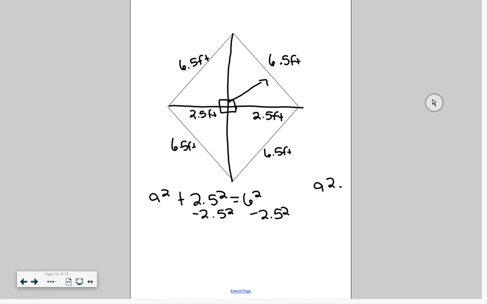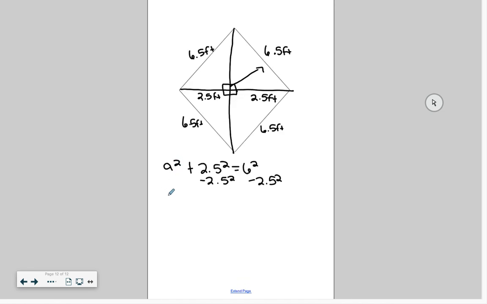A squared is equal to 6 squared. It's not going to let me do that. A squared is equal to 6 squared minus 2.5 squared. 6 squared is 36. 2.5 squared is 6.5 squared.